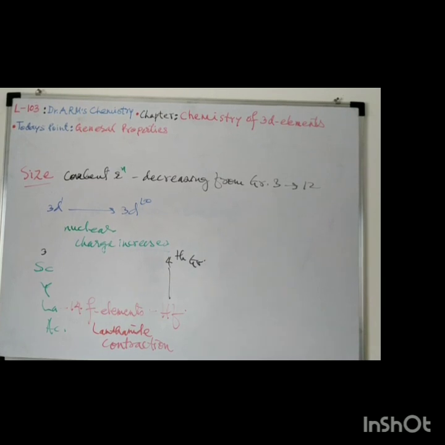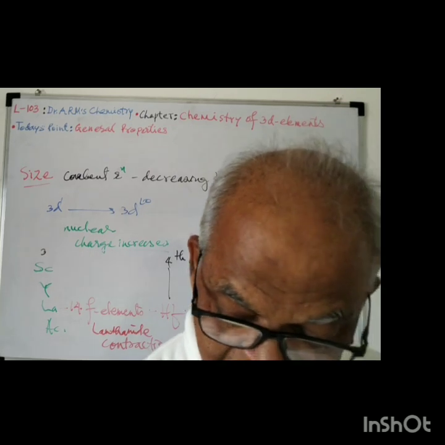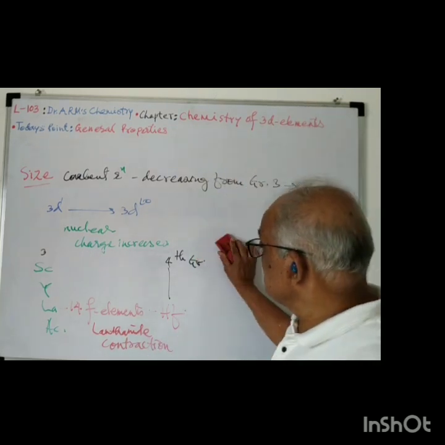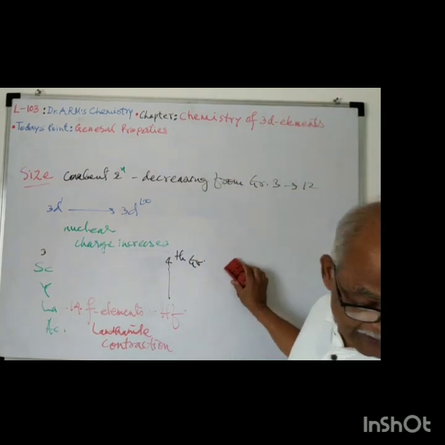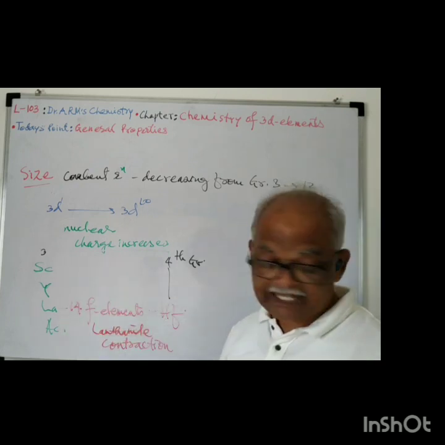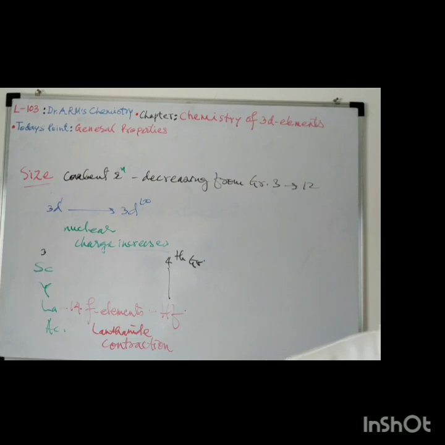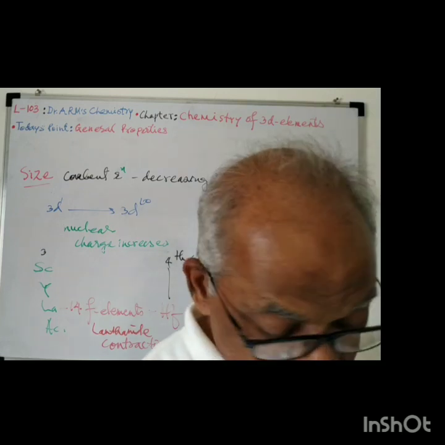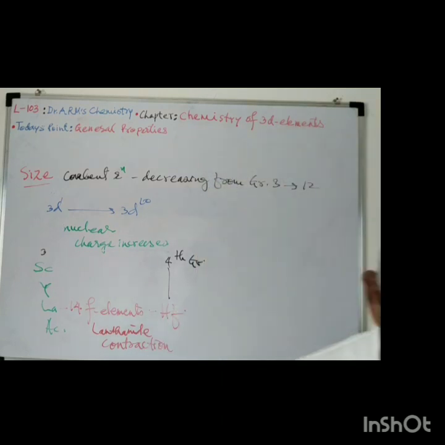Then next is the variation in size. So we have seen that in case of scandium, yttrium, lanthanum and actinium, the size varies with a very small magnitude.